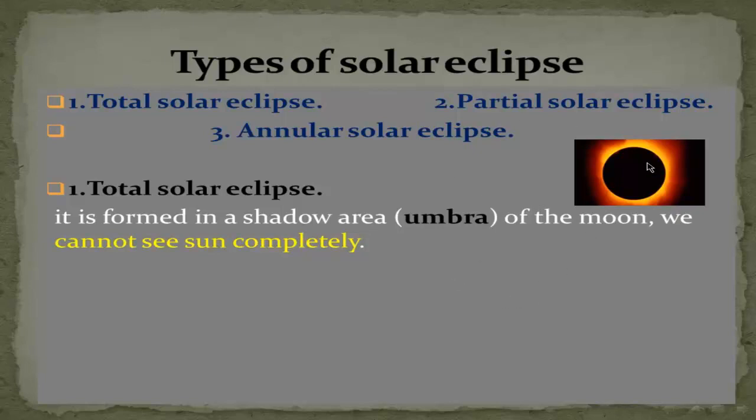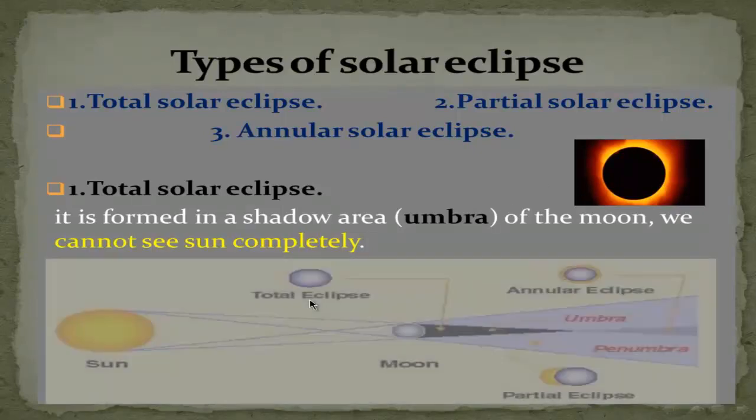And how can we see the Sun in this type? We can't see the Sun completely in this type. Why? Because the Moon hides most of the light of the Sun. So we can't see the Sun completely, and we can see it like that.